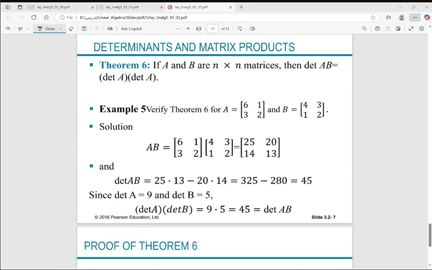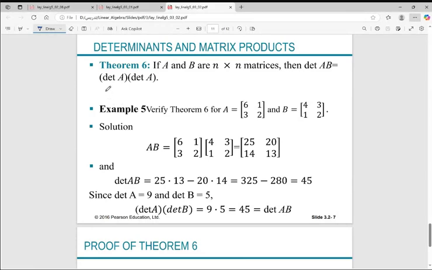Yes, it's identity. This means determinant of A is the inverse of determinant of A minus 1.